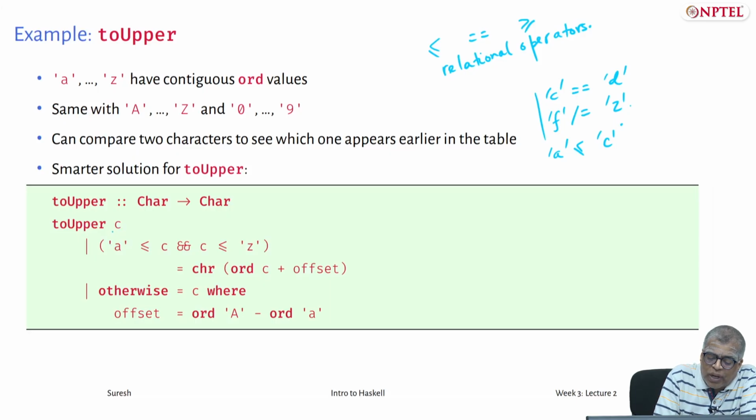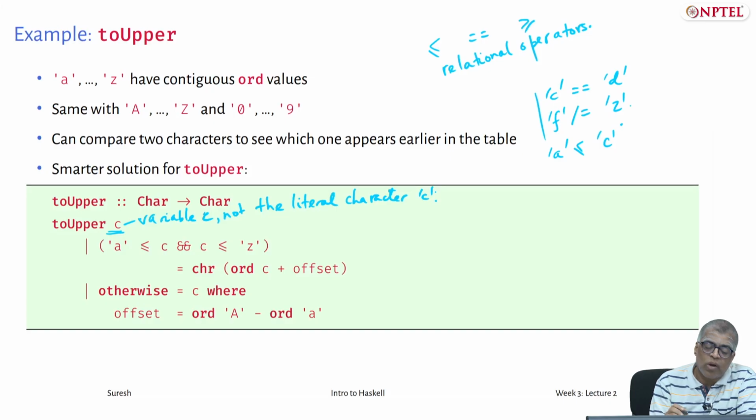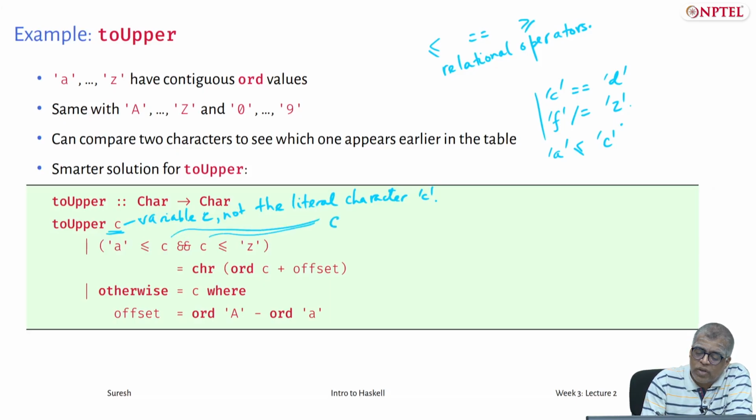Check whether your input character C, your input is a variable named C. Once again, this is a variable named C, not the literal character. Okay, anyway, your input is C. Check whether small a is less than or equal to C and C is less than or equal to small z, this means that C stands for a lower case.